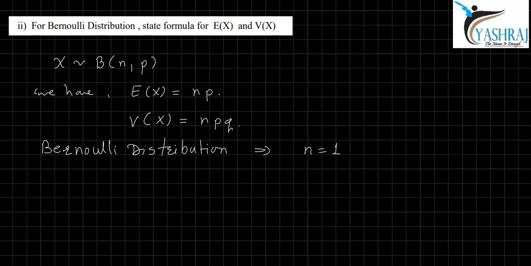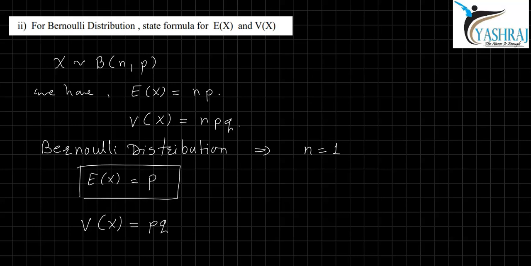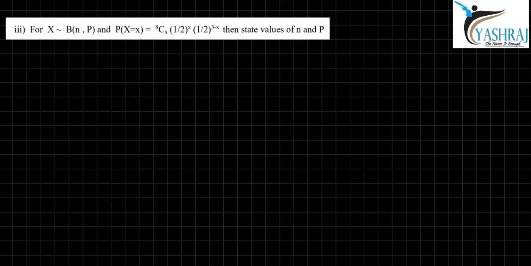Okay, so once the n value is 1, then the expected mean of the random variable E(X), we have 1 into p becomes p, and the variance of the random variable capital X, we have n into pq. Now n is 1, so 1 into p into q gives us p into q only for the Bernoulli's distribution.